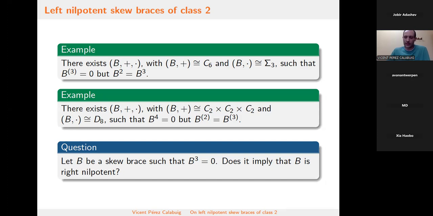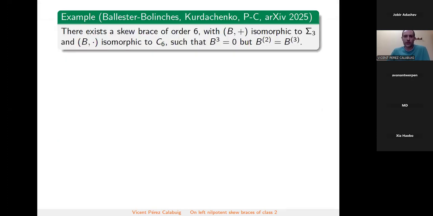Our first answer to this question, of course, is no. In general, we can easily find an example of a skew brace of order 6, whose additive group is isomorphic to the symmetric group of degree 3, such that it is left nilpotent of class 2, but it is not right nilpotent. But in this example, the additive group is non-nilpotent. So it remained open the case of nilpotent type.